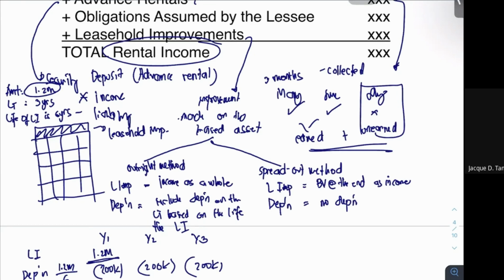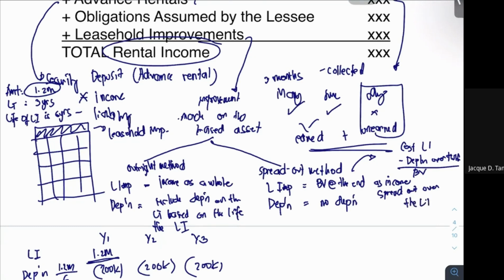You get the cost of the leasehold improvement less the depreciation over the life, then that is the book value at the end. So that book value at the end will be treated as income and will be spread out over the lease term.